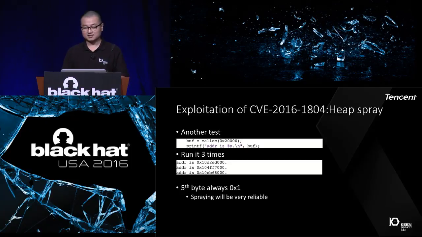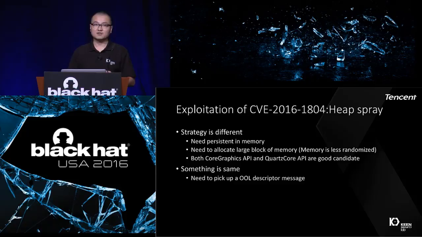So in this case, spraying will be very reliable. And we need to think of the following criteria when spraying. One thing is that the memory has to be persistent in memory. And also you need a very large block of memory because large memory allocation is less randomized in OS X. And also you need an OOL message because only an OOL message allows you to do this kind of operation.